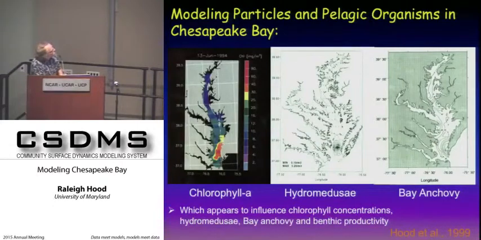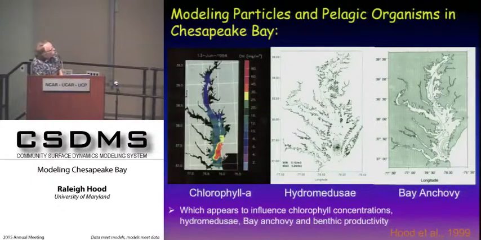And this just shows that in the summertime, you very often in satellite data will see enhanced chlorophyll concentrations in this residual eddy domain. You also can see jellyfish accumulations. These are Hydromedusae, little tiny jellyfish in the Chesapeake Bay, which show pronounced enhancements in their concentration in this residual eddy.